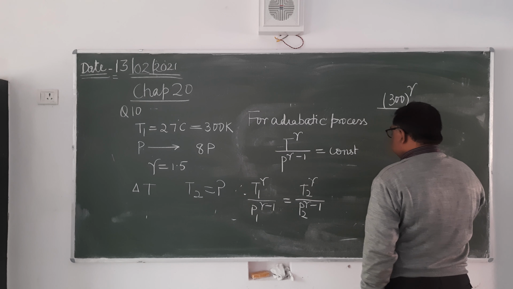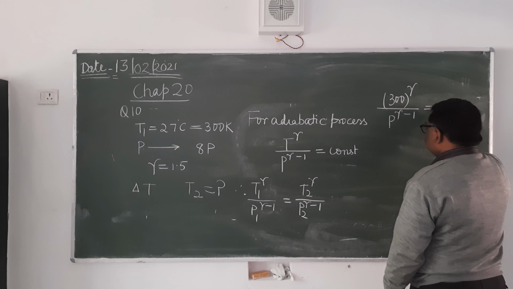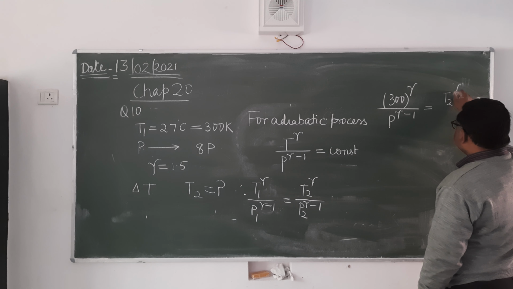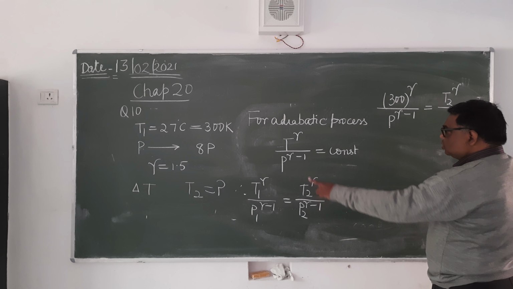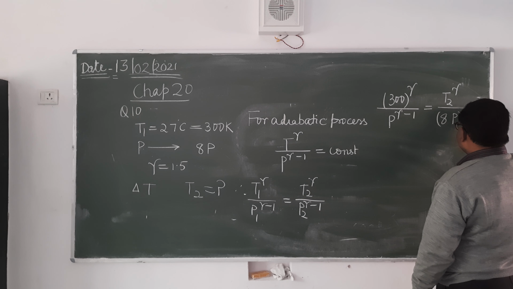P1 is P, P2 is 8P, whole to the power gamma minus 1.